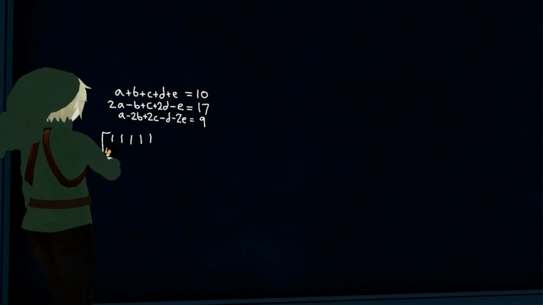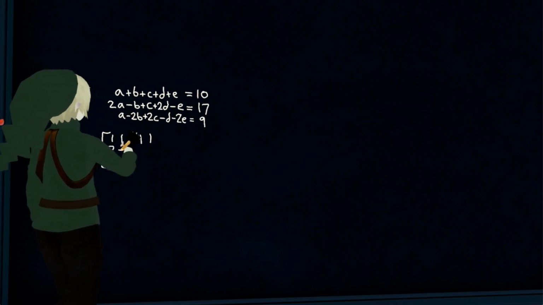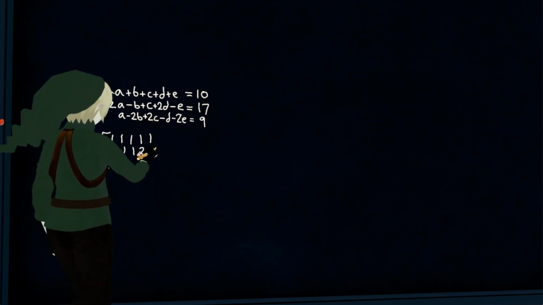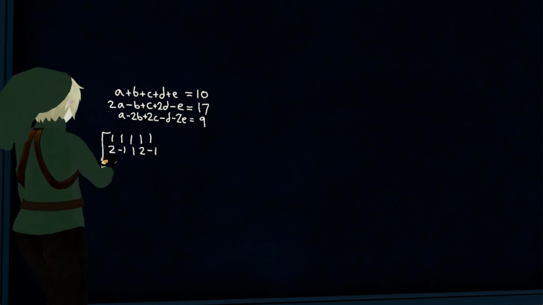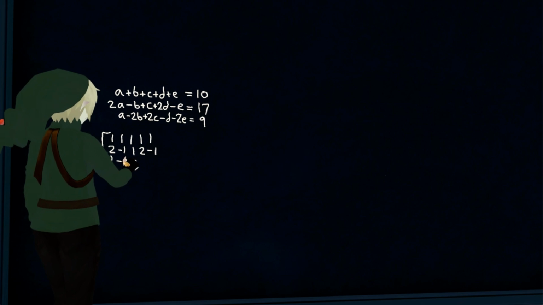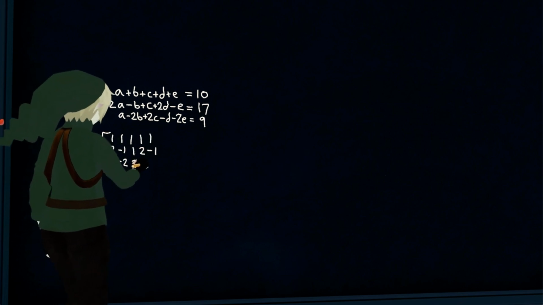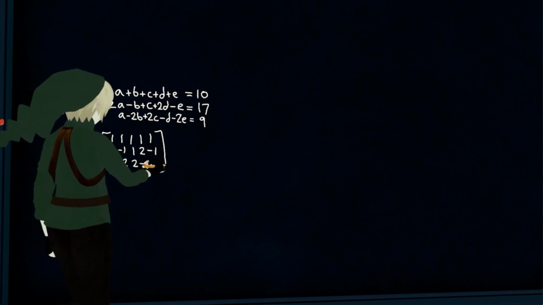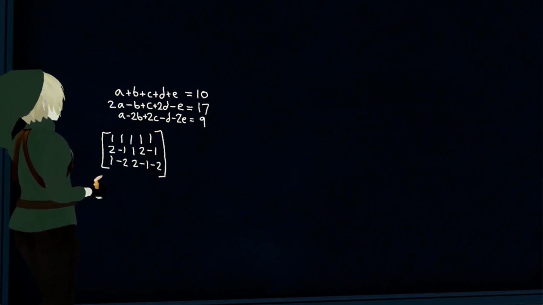And then we have 2, -1. And then we have 1, 2, and -1. And then 1, -2, then 2, -1 and -2. Right? Instead of making an augmented matrix, here's what the matrix equation looks like.